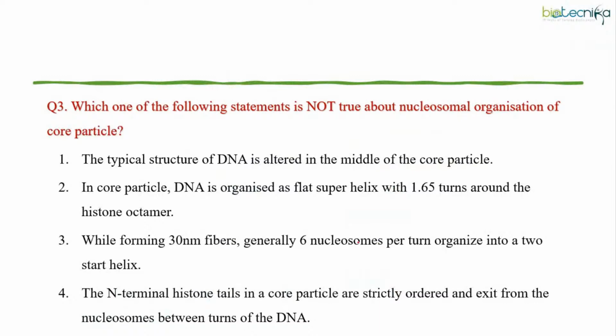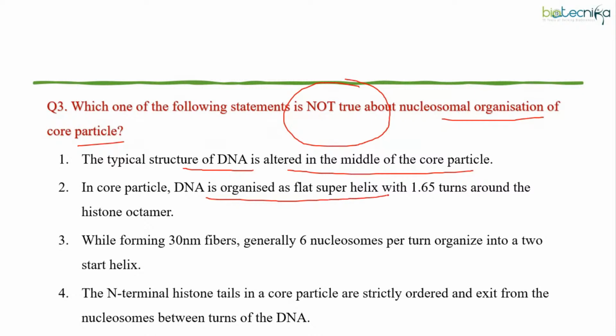Another simple question for you, again a 2 marks question, but it holds good significance for the basics of genome organization. Which of the following statements is not true about nucleosomal organization of the core particle? The typical structure of the DNA is altered in the middle of the core particle. DNA is organized as a flat superhelix with 1.65 turns around the octamer.